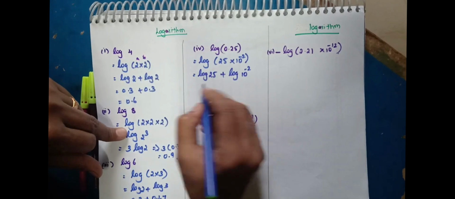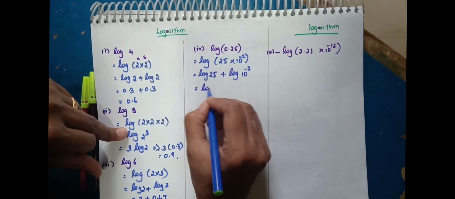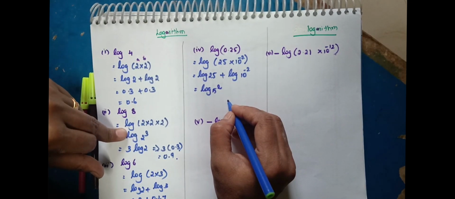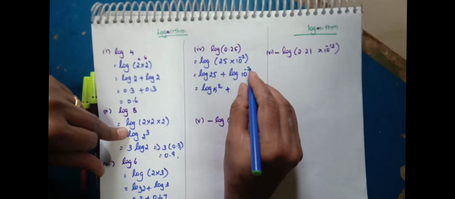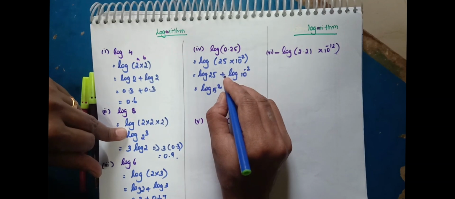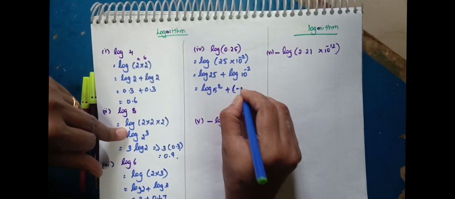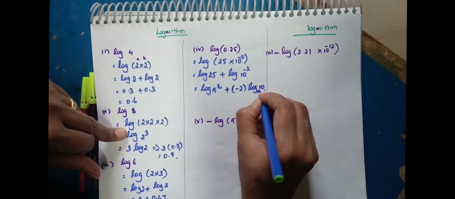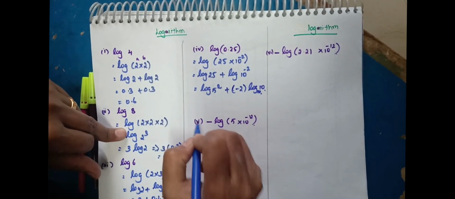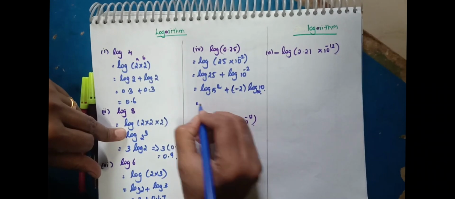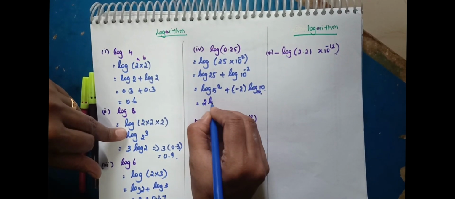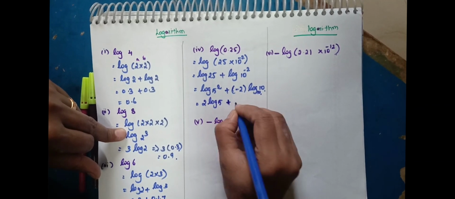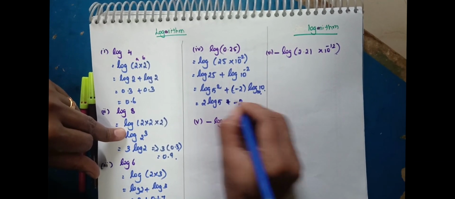Okay. So again what are the changes here? Log of 5 square we can make it, right? 25 will change as 5 square, plus this minus 2 will come to the front. So minus 2 log 10. Always we know that log is base 10. Now log 5 square is 2 log 5, plus minus 2 log 10.